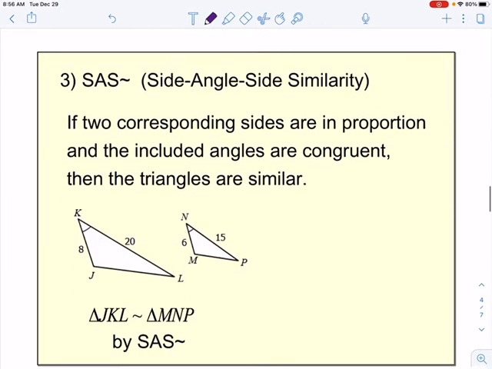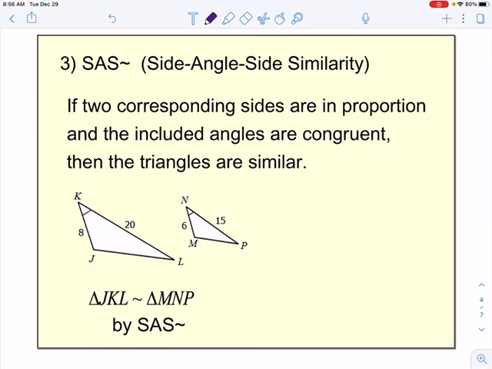And the last way that you're going to be able to prove triangles similar is by side, angle, side similarity. Okay, and what this one says is that if 2 corresponding sides are in proportion and the included angles are congruent, then the triangles are similar. So when we were talking about side, angle, side for proving triangles congruent, we had this included angle.